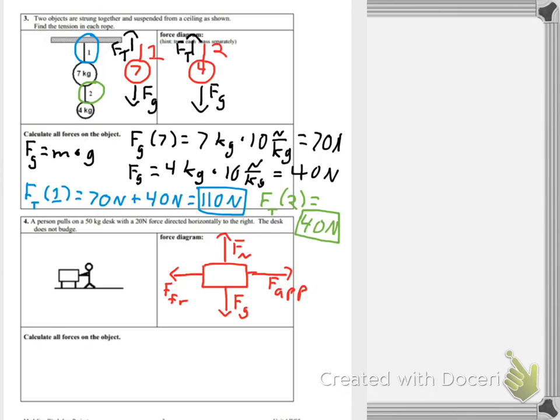So now when we want to actually calculate these forces, we can work it through, and again we'll always start with the force due to gravity, mass times the gravitational field strength, so F of G equals 50 kilograms times 10 newtons per kilogram, and that will give us 500 newtons.